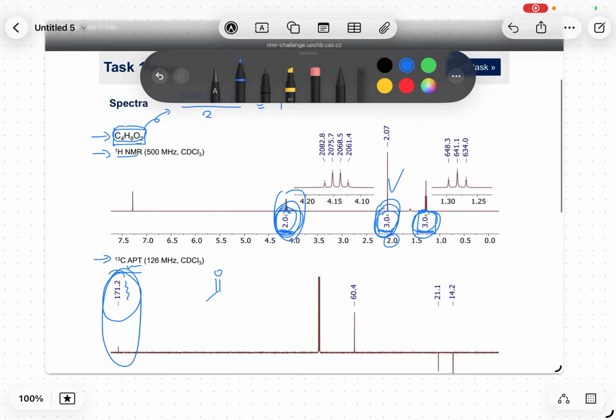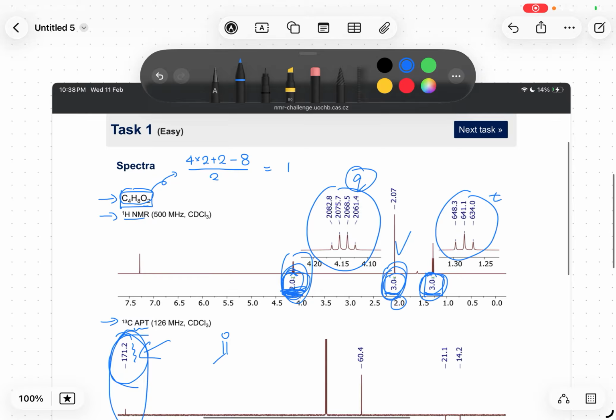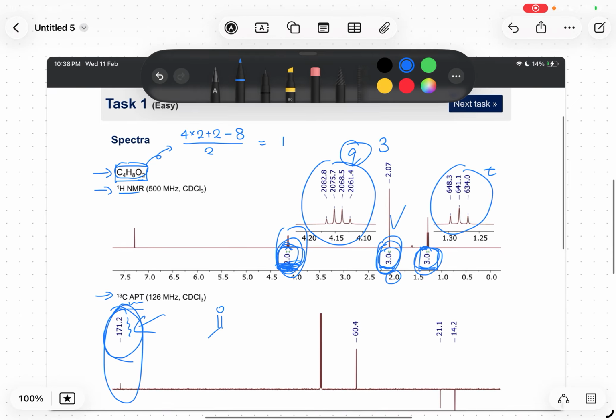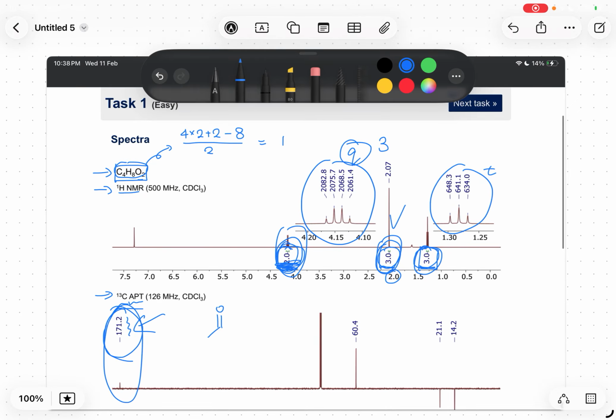Even if we do not know that this 171.2 suggests an ester, we can see that the splitting pattern for this is a quartet, and this is a triplet. A quartet means that these 2 protons are split by 3 other protons, and the triplet means it's split by another 2 protons.